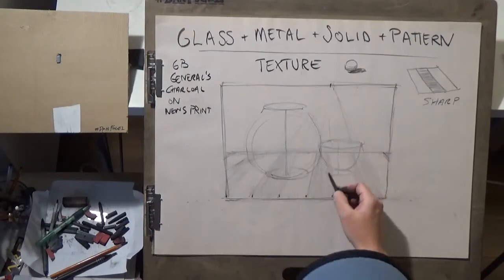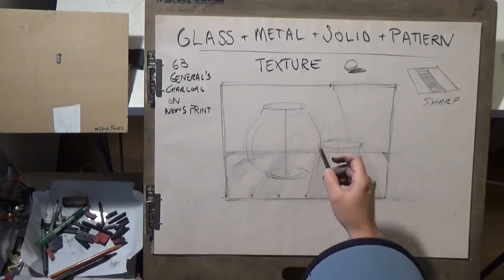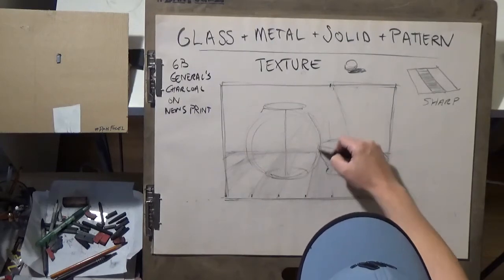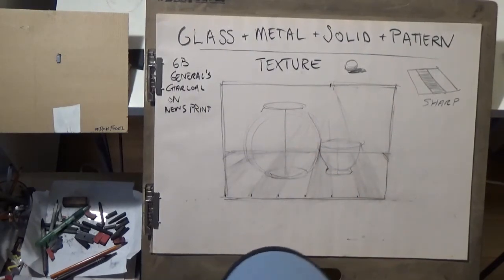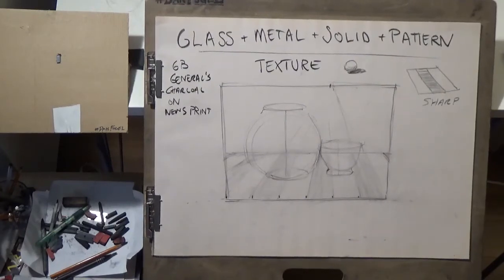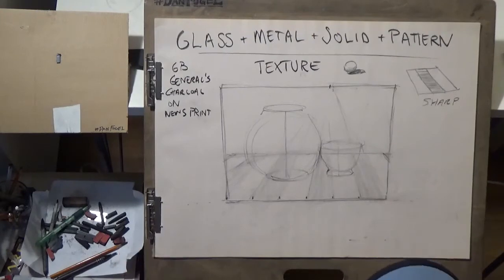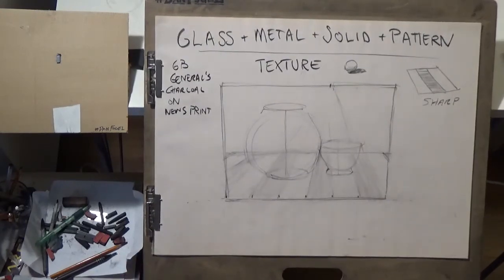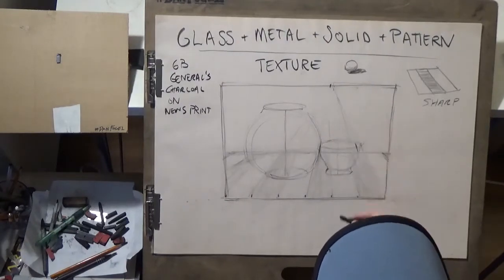This glass and metal is, I think, one of my favorite drawings of the semester. It's one of those assignments where I think a lot of people are finally starting to get the hang of some of the drawing process and some of the things that we've been thinking about for so long, and things can really start to click with this assignment for sure.